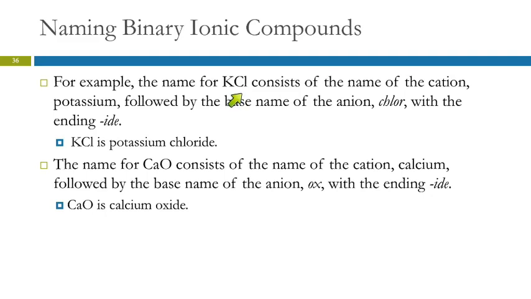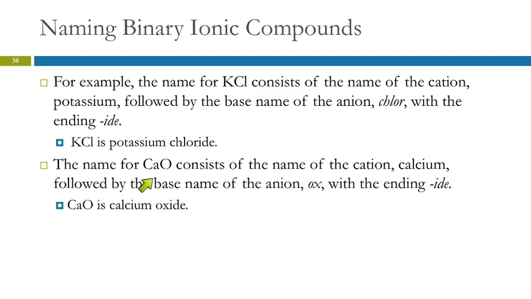Chlorine is the nonmetal, and so she changes the ending of her name to "ide." And so the name for this is potassium chloride. It's not potassium chlorine because that would sound like a list of elements, right? It's potassium chloride. Names of compounds are not proper nouns, they're not capitalized.